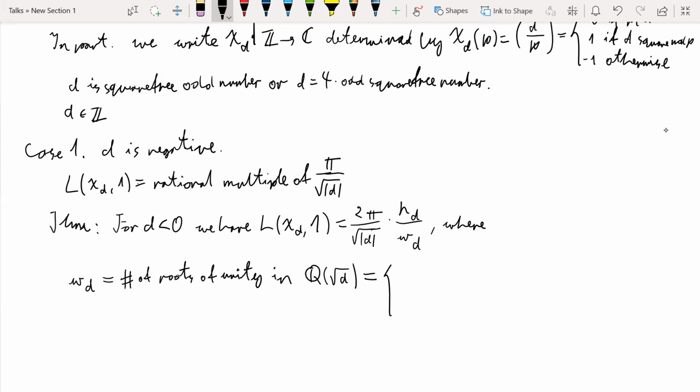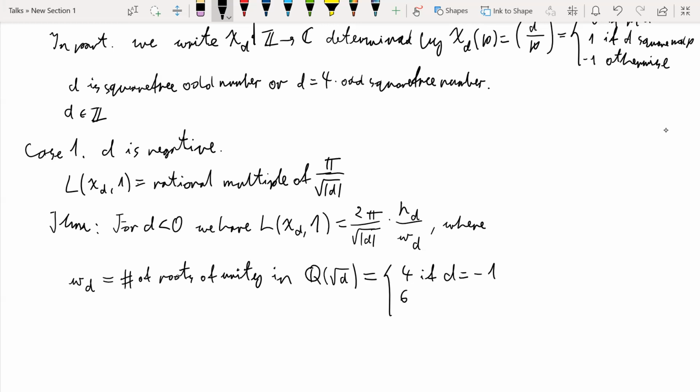It is going to be 4 if D is equal to -1, because there we just have the square root of D, which is i, -i, and we have +1 and -1.